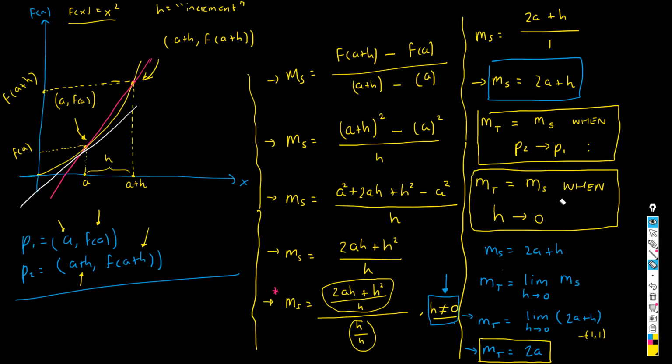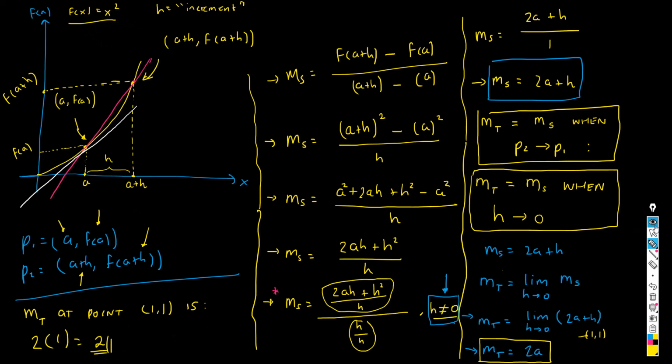Basically, the slope of the tangent line at point 1, 1 is 2 times 1, which is 2. So this is going to be the answer, guys. Let's wrap it up. The slope of the tangent line at point 1, 1 is 2 for this specific function of x squared. It's going to be 2.